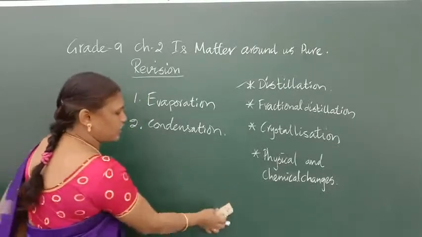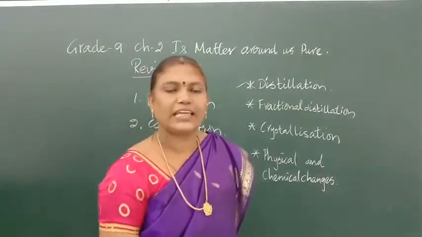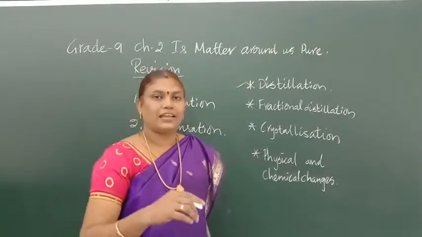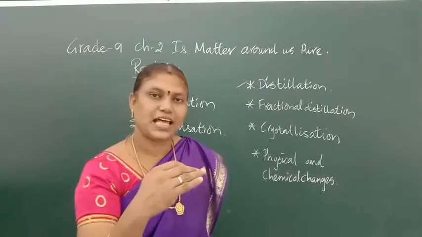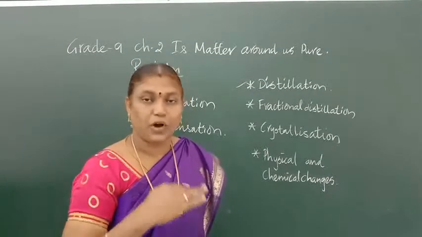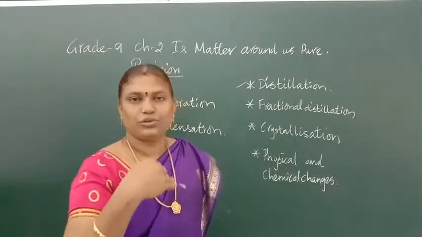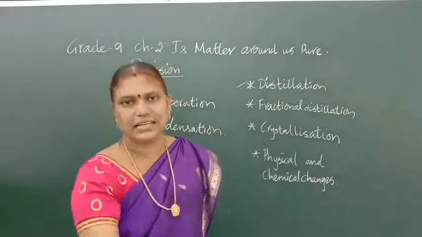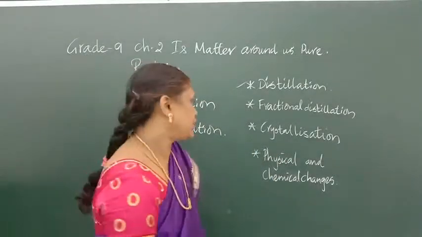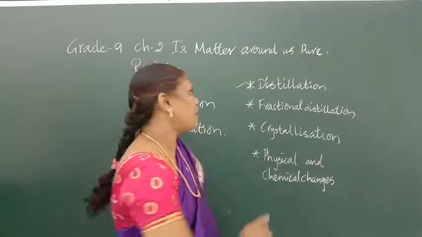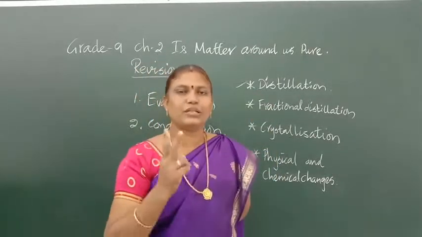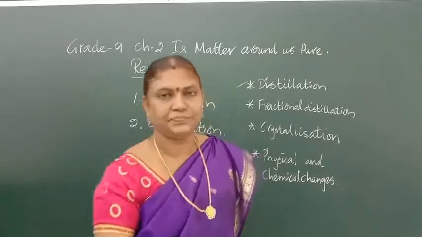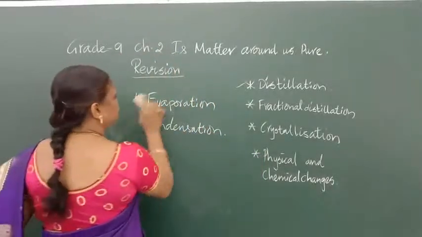You take two liquids and heat them. At the boiling point, the substance with the lower boiling point goes to the gaseous state, is condensed, and you get the liquid. This is the explanation you should write for distillation, which is used to separate two miscible liquids. This is the basic principle.